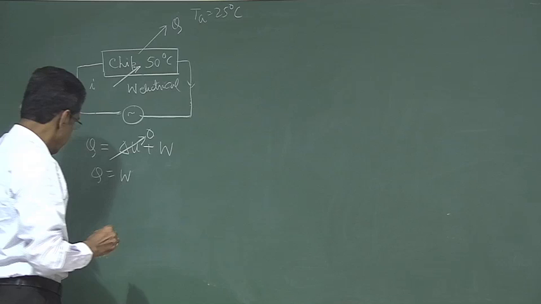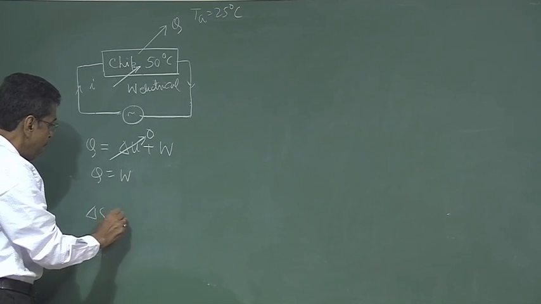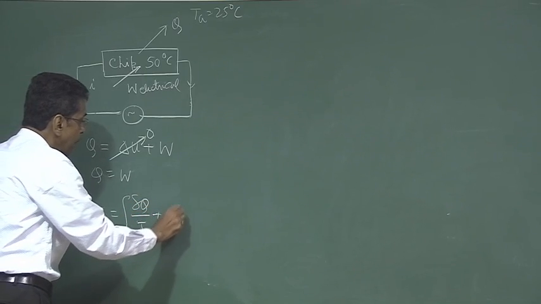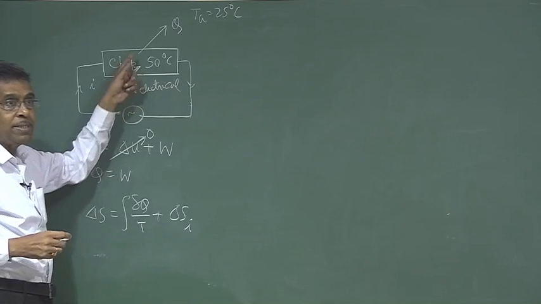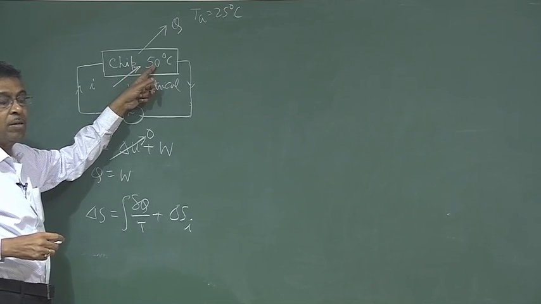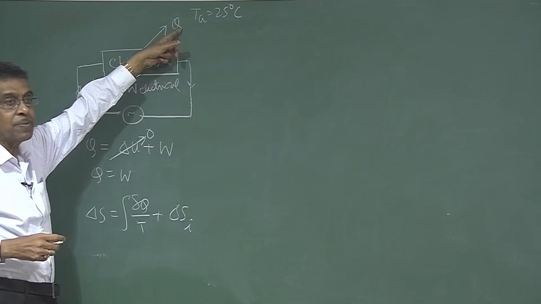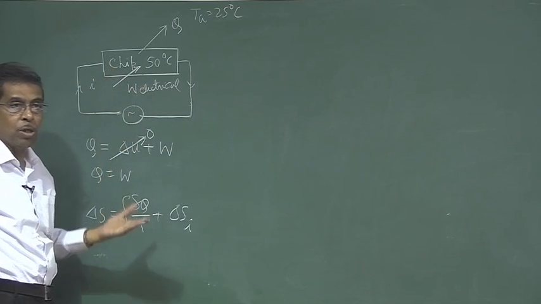Now we write this expression, delta S. This is a highly irreversible process, because of this internal irreversibility in the chip, the temperature is increased, by virtue of which it transfers heat to the surrounding. I told you the example.